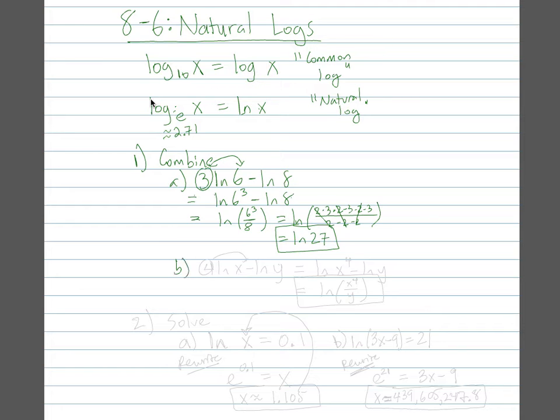Okay, letter B. Why don't you guys go ahead and do 4 ln x minus ln y.